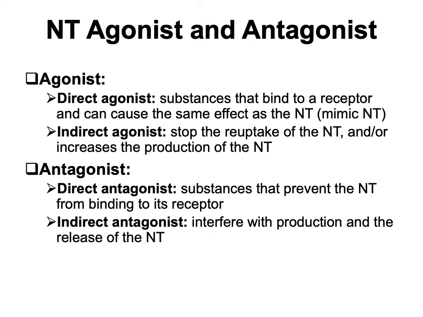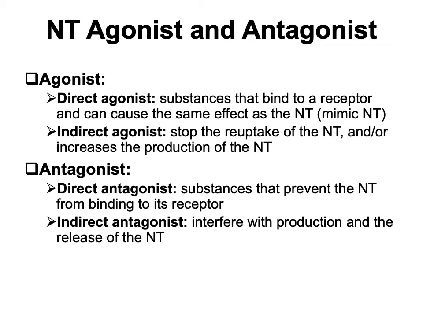Indirect agonists will stop the reuptake of the neurotransmitter and or increase the production of the neurotransmitter. So when it stops the reuptake, it allows that neurotransmitter to be in the synaptic cleft longer, enhancing or prolonging that neurotransmitter's effect.